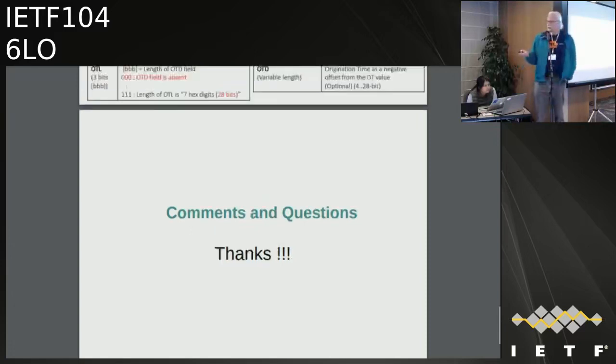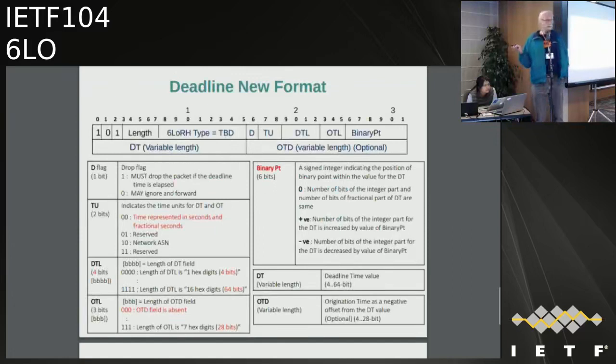Right. So this is about the D-bit. The D-bit gives you the option of not dropping the packet, even if it's past the deadline. And there's some text in the draft that says why you might want to do that and circumstances under which you should not forward the packet, even if you had the option to do so.